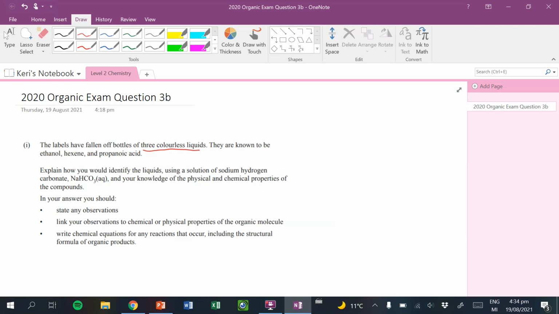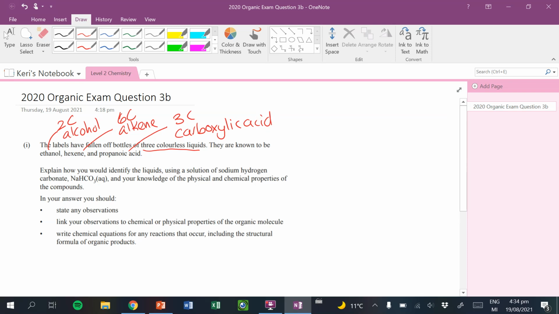And 2, what's the functional group? It'll help me organize what I'm going to do testing-wise. So ethanol here is 2 carbons, and that is an alcohol. Hexene here is 6 carbons, and that is an alkene. And then propionic acid is 3 carbons, and that's a carboxylic acid. So that'll help me get organized.